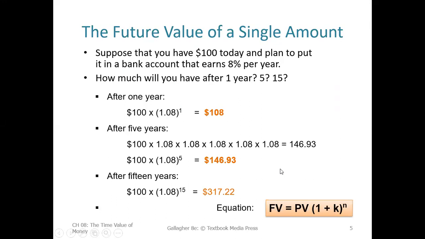Okay, so this is the future value question. Basically, you see you have several parameters. One is the present value, which is the money you have today. And you have the interest rate, 8%, which is k. And n is the number of time periods, which is 5 or 15.